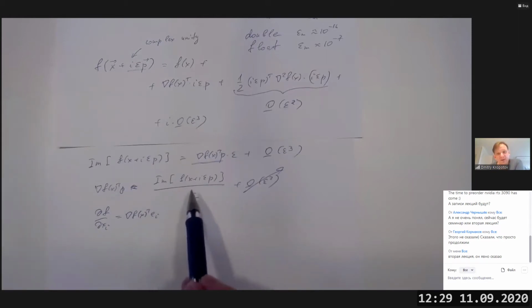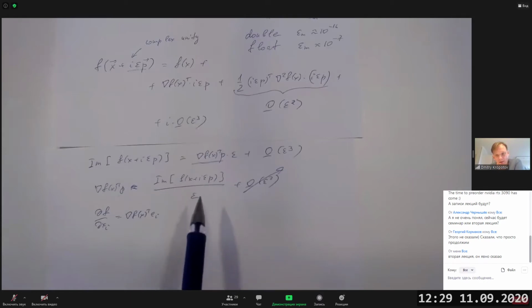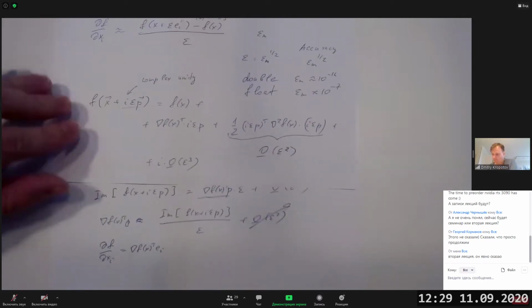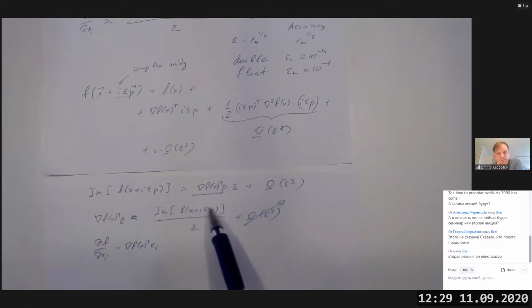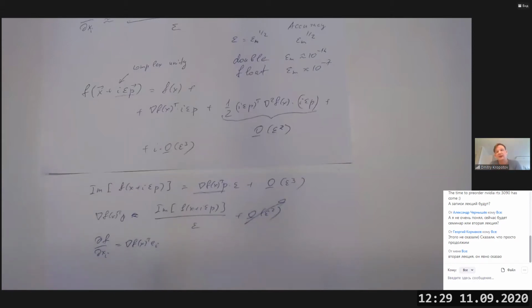So what can we say about this way of calculating derivatives? You may note that here we do not have a subtraction operation. We do not have, in the denominator, a subtraction of two very similar terms. And because of this, we can calculate this expression very accurately, almost up to machine precision.